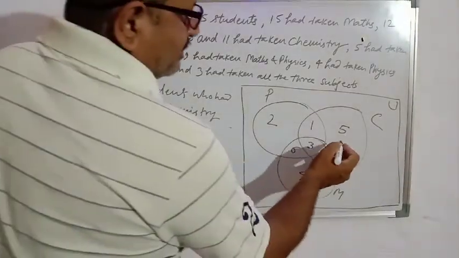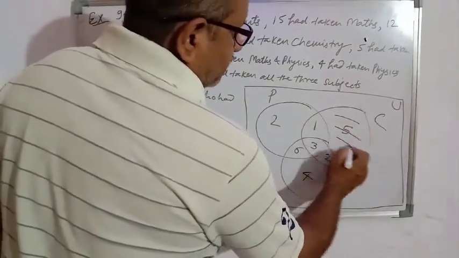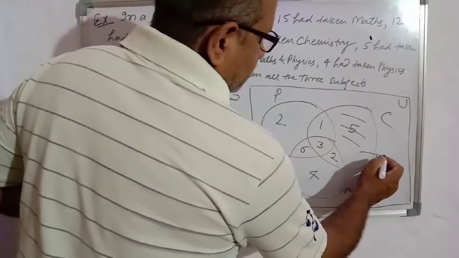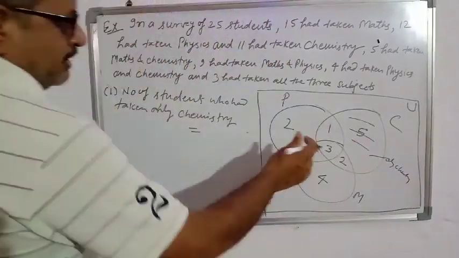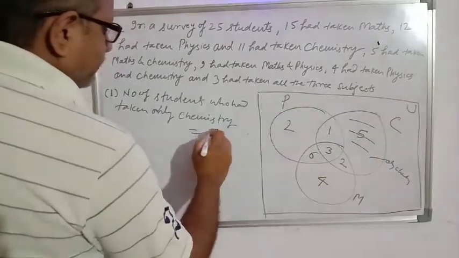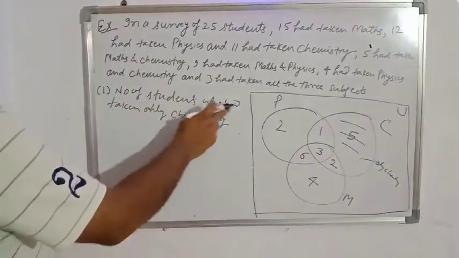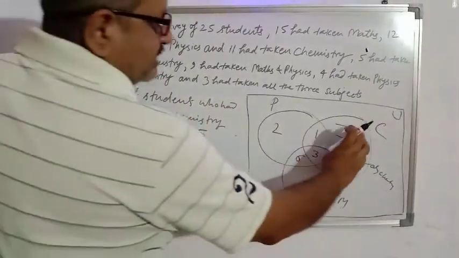So see, only chemistry is what? This portion. This portion will represent only chemistry. So how many students are there? 5. Number of students who had taken only chemistry means this region, 5.